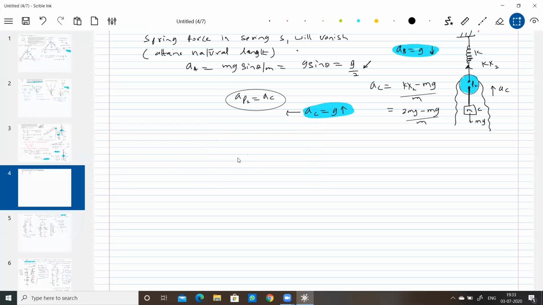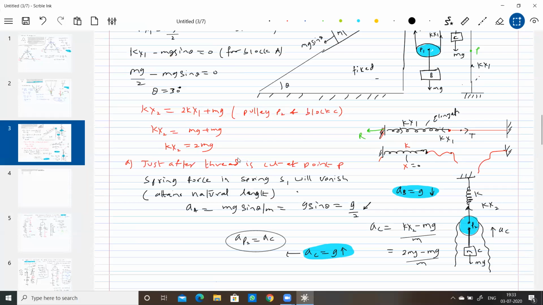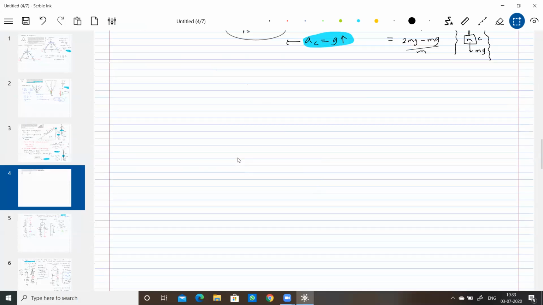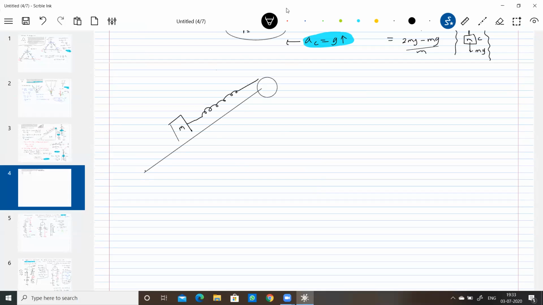Sir, is S on the spring or is it on the string connected to the spring, sir? S is the point on a spring, no? Okay, sir. I'll get the diagram. So there's a block. There's a pulley.